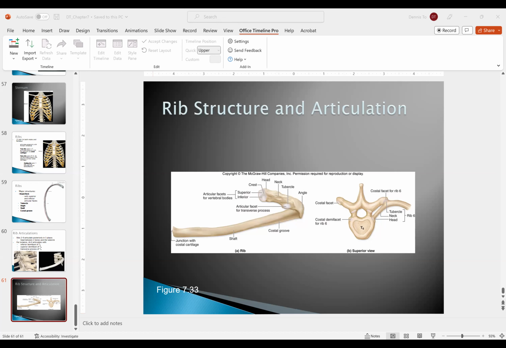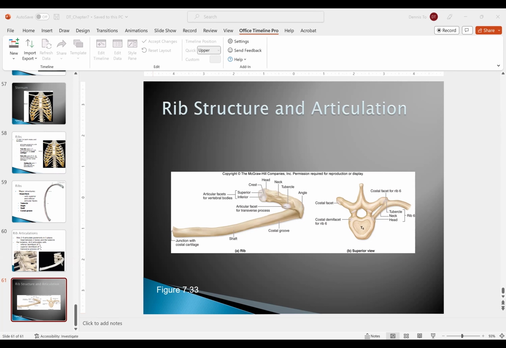If this is rib 4, what bone is this? The 4th thoracic bone. It just happened to be the 4th one, because this is where the transverse process is touching that tubercle, that bump right there. So this is the 4th rib in contact with the 4th thoracic.